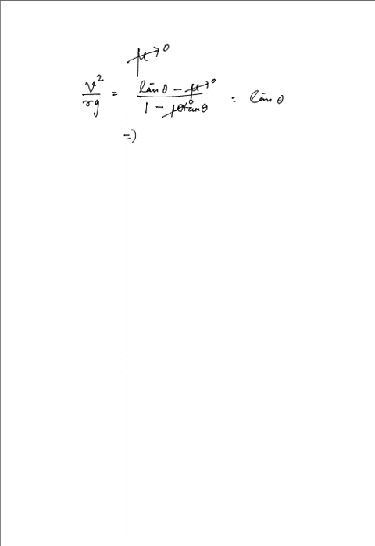This v can now be termed as V0, where V0 is the optimum speed.